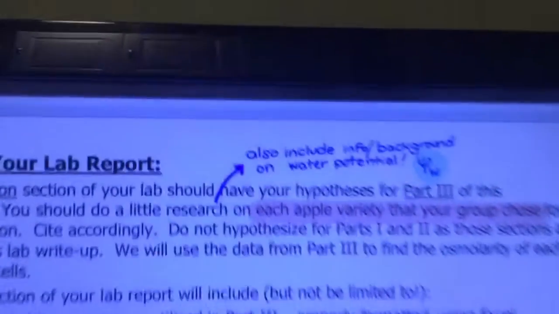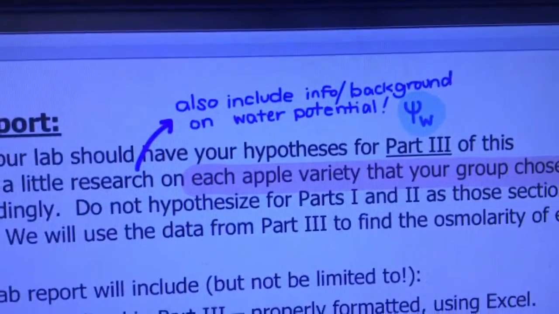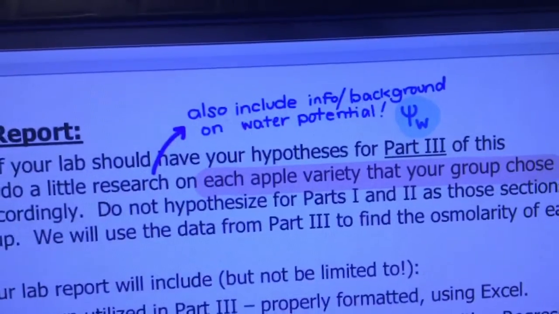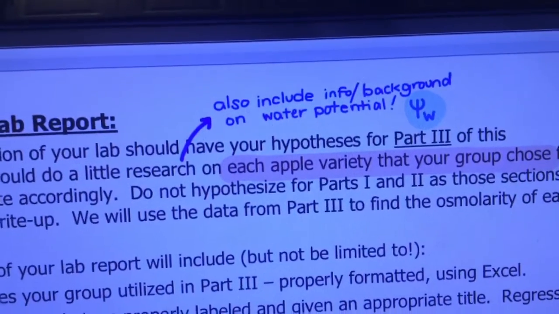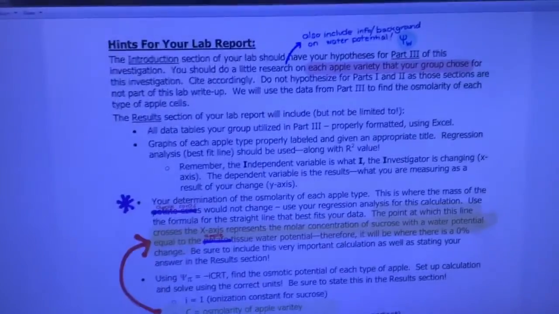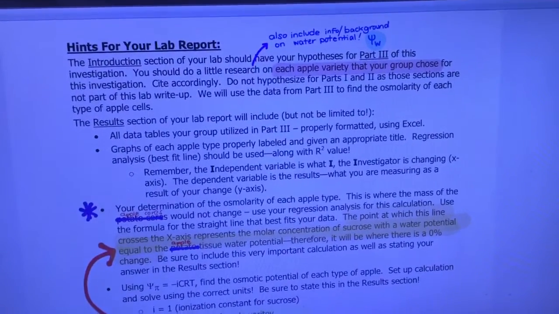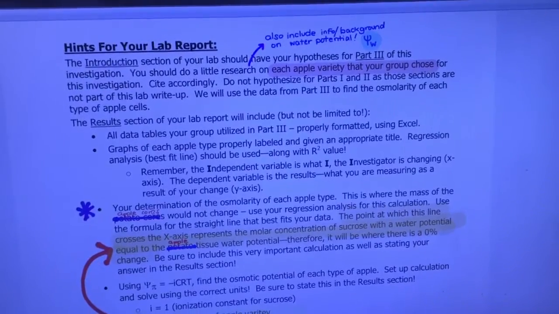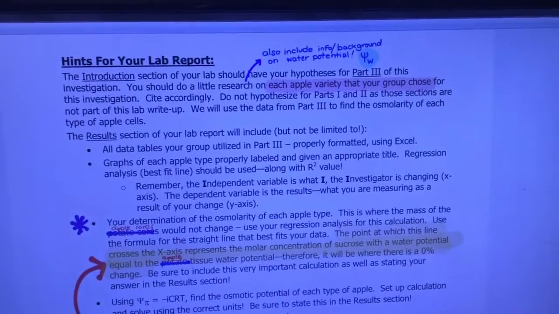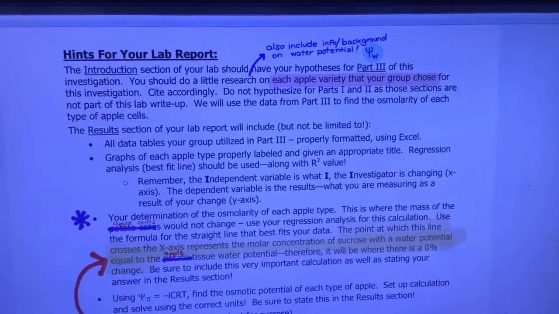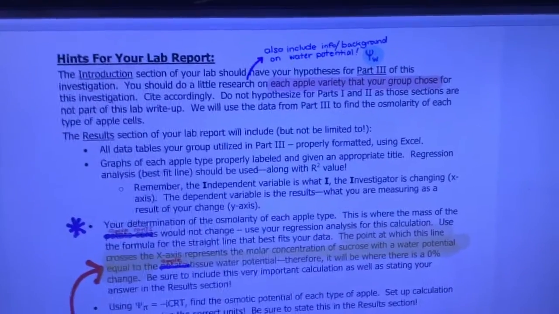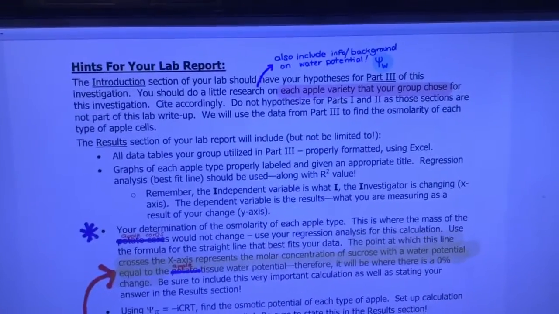Also, you must include something about water potential. You can use the beginning of the lab itself for some information on that. You can talk about concentration of water going across on either side of a membrane. The terms hypotonic, hypertonic, isotonic, which we'll talk about on Monday. Your introduction needs to have that.